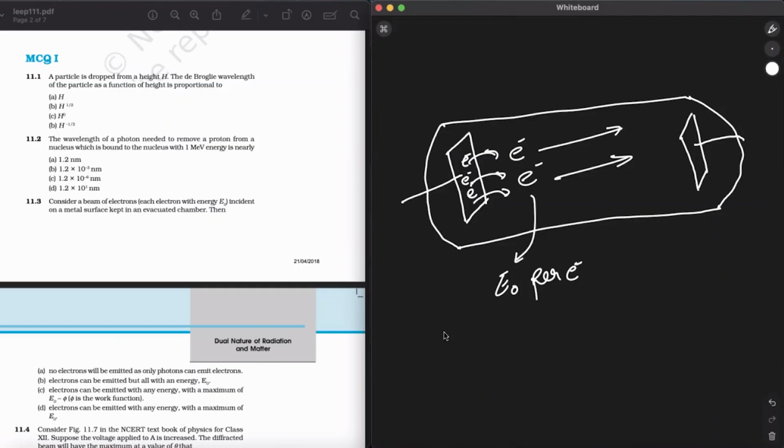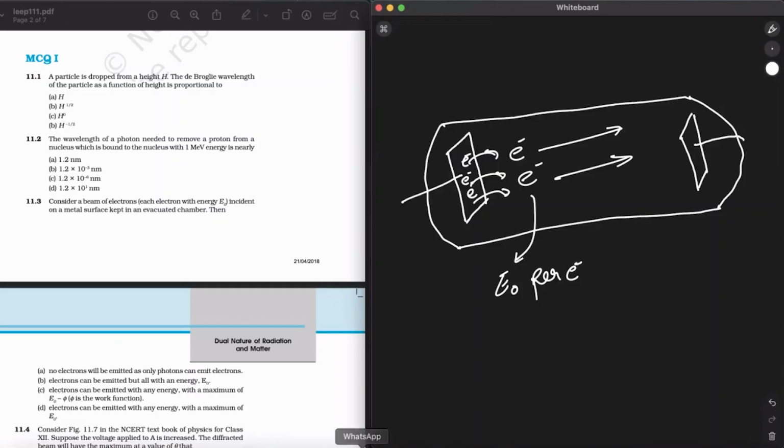The electrons are moving towards the metal surface with initial energy E naught, and the energy the electron has after its removal should cross the threshold energy. So an electron getting out of the metal surface will have any energy less than E naught, with a maximum of E naught, as stated in option D.